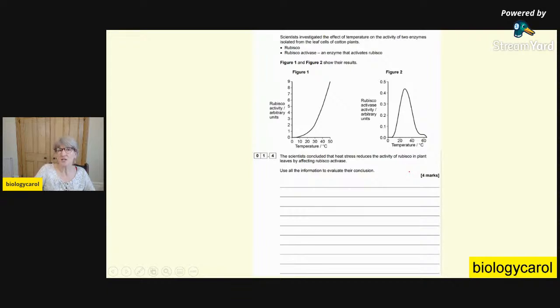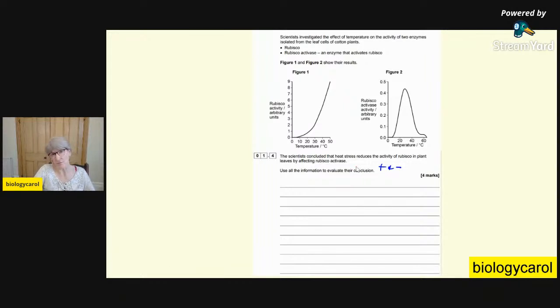Right, first application question. You get given a couple of graphs, one about the activity of Rubisco activase, and this enzyme activates Rubisco. And you are told that the scientists concluded that heat stress reduces the activity of Rubisco in plant leaves by affecting Rubisco activase.